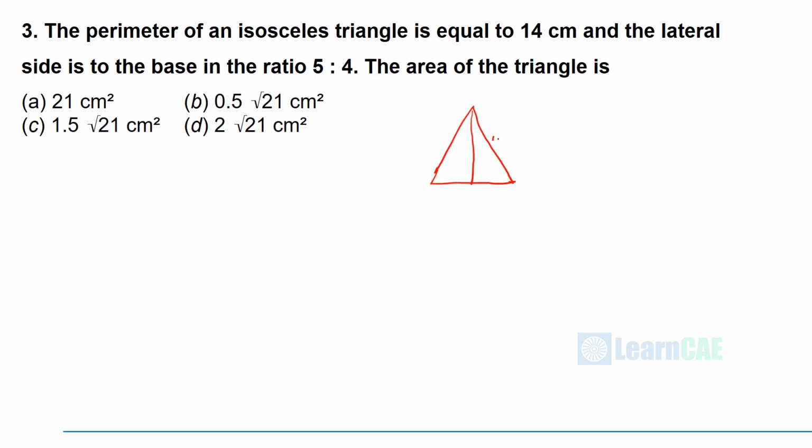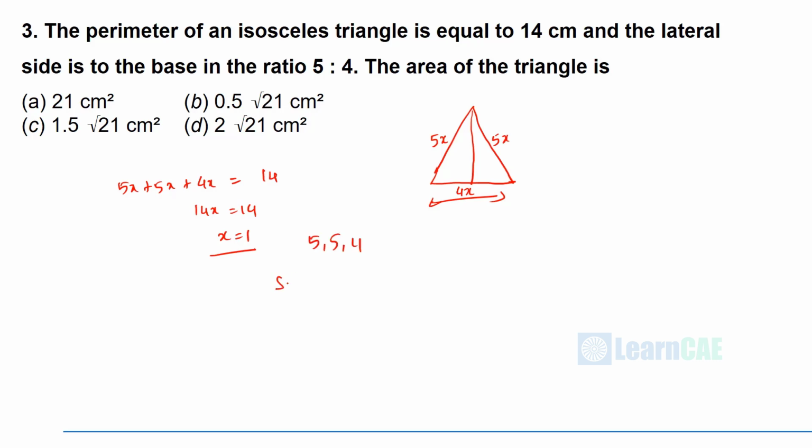So if this is 5x, this base will be 4x. Since this is an isosceles triangle, the other side is also having the length 5x. So the total length is 5x plus 5x plus 4x. This is the perimeter, which is equal to 14 cm. So this is nothing but 14x is equal to 14, x is equal to 1. So the lengths are 5, 5, 4.